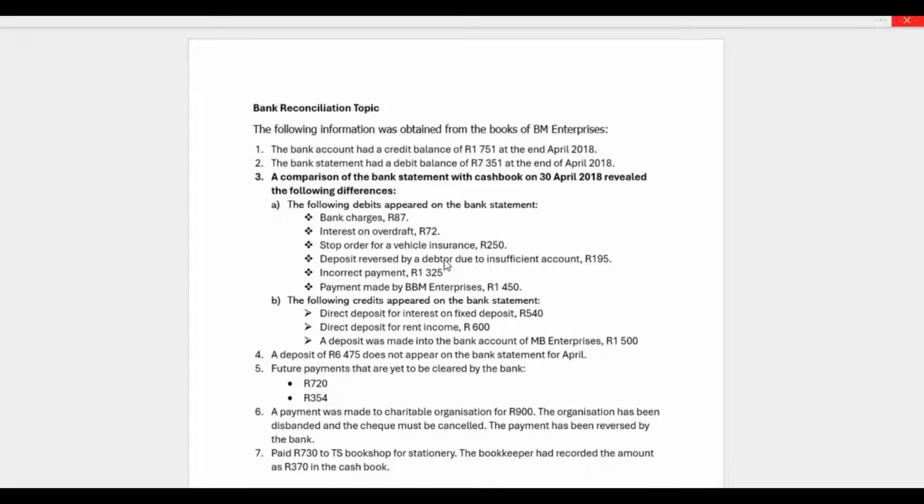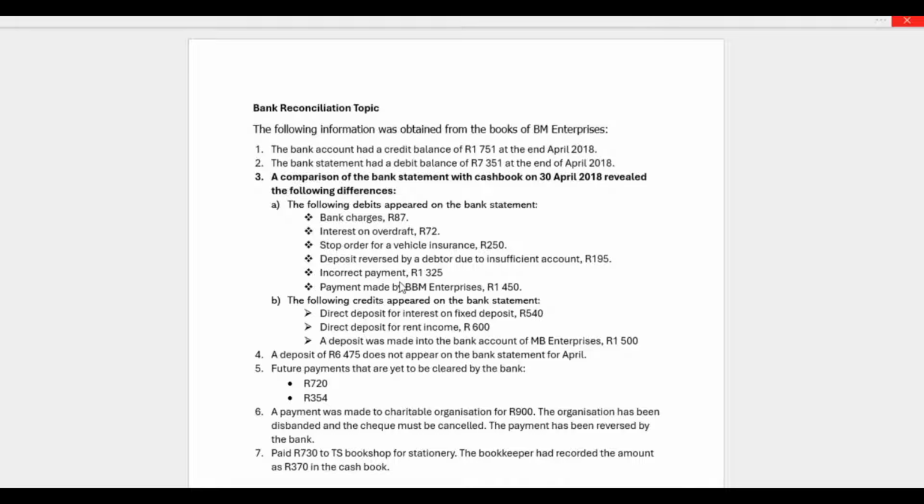Therefore, the deposit should be reversed. At the time the debtor paid, we debited the amount in the bank account to say we have received money. But when we go there and find there's no money, we must reverse. It means this person did not pay. Therefore, we must decrease by 195 now. We're going to credit this in the bank account.